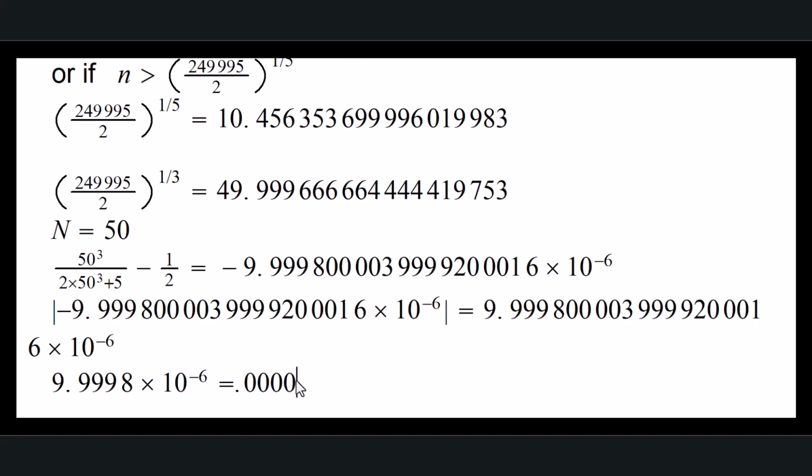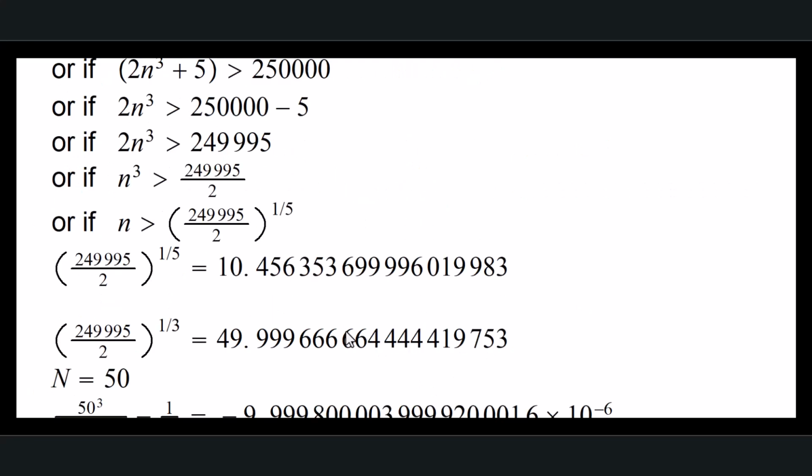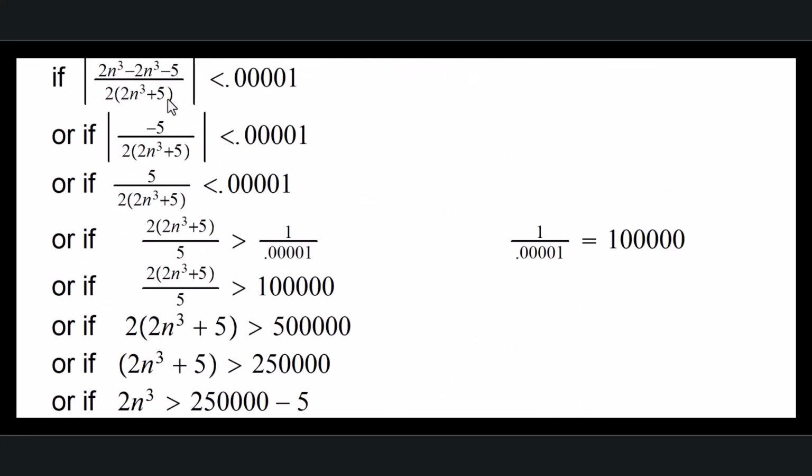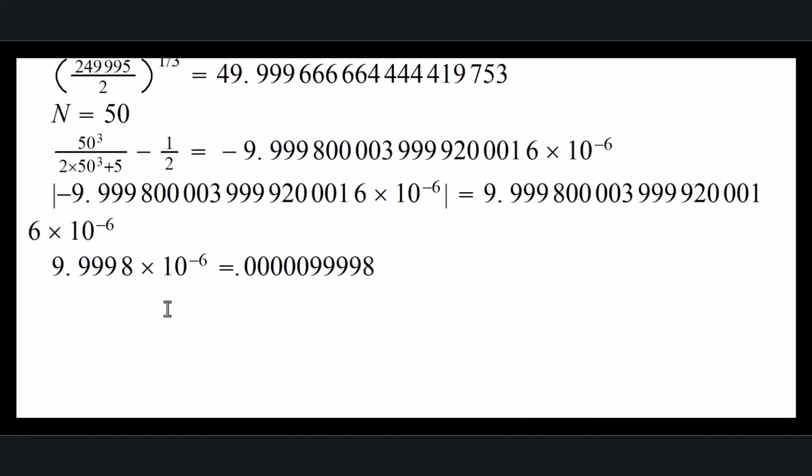So 1, 2, 3, 4, 5, and then 9, 9, 9, 9. How many nines? 4 nines, 8. And that is less than 0.0001. So here just 50 terms were enough, and you know this, that if we had n to the power 5 over here, then just 11 terms were going to be enough.